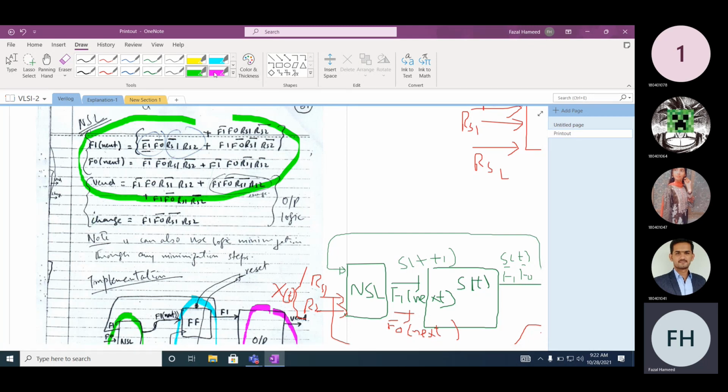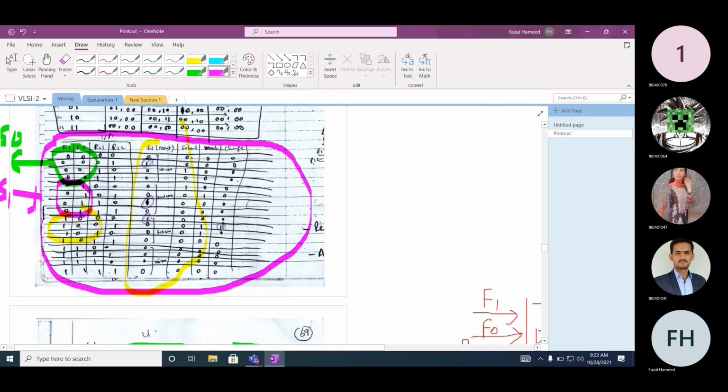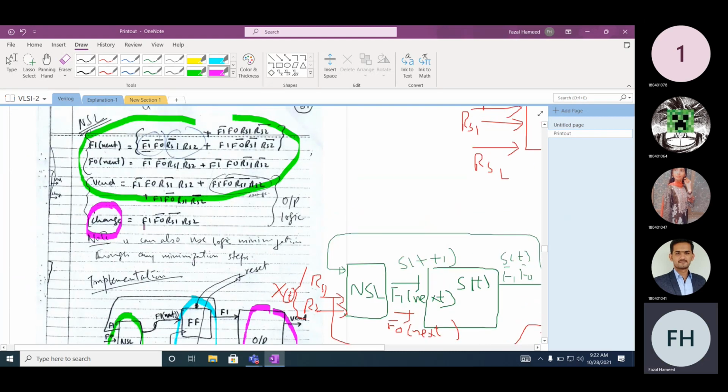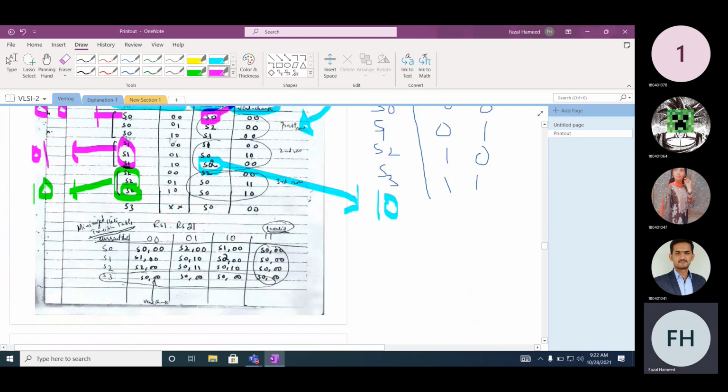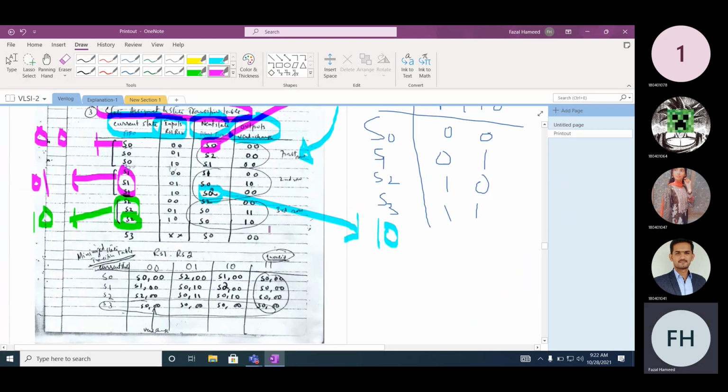If you look at change, when will change be inserted? In this case the change will be 1. There is only one case in which change is 1.